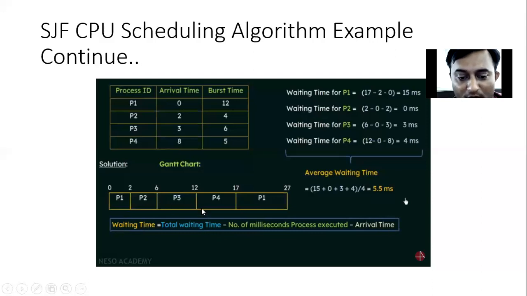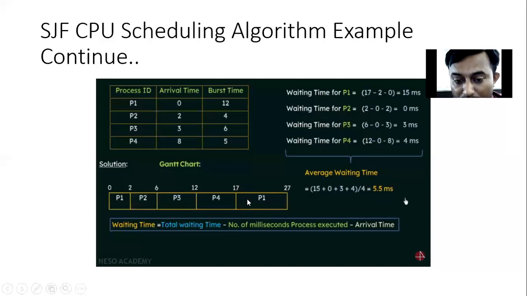Let us find the waiting time of P1. The total waiting time of P1 is 17 milliseconds.